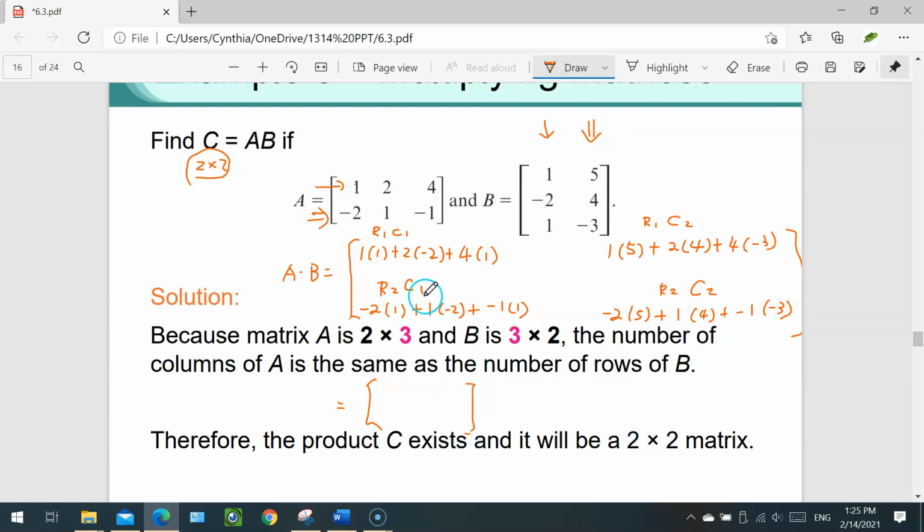Now we've cleaned up the calculation here. Here we have 1 minus 4 plus 4, which is 1. 5 plus 8, we have 13 minus 12. So 13 minus 12, we have 3. Sorry, 13 minus 12 is 1.